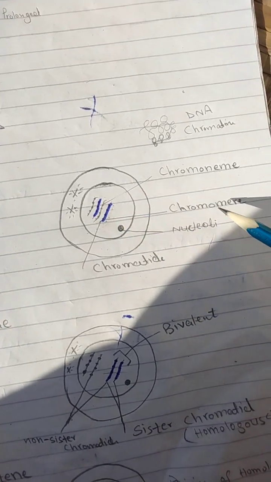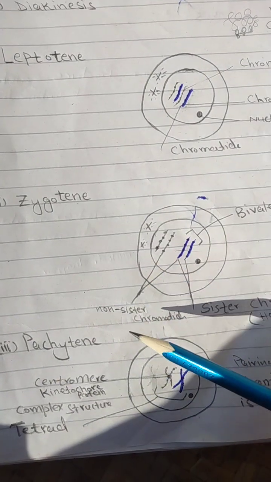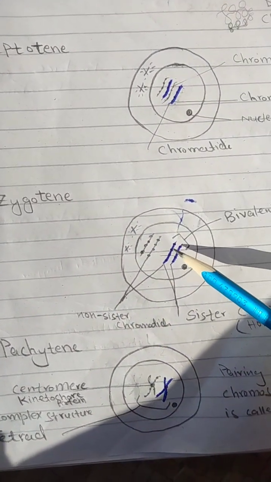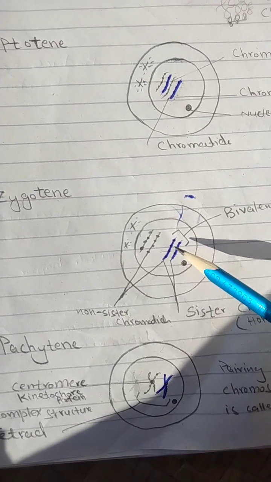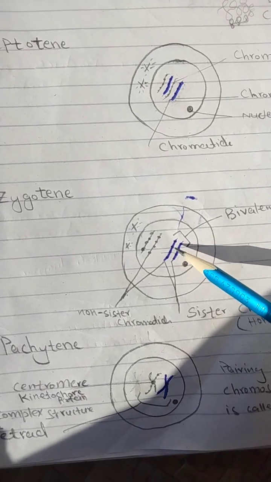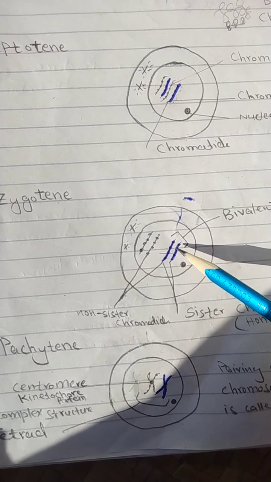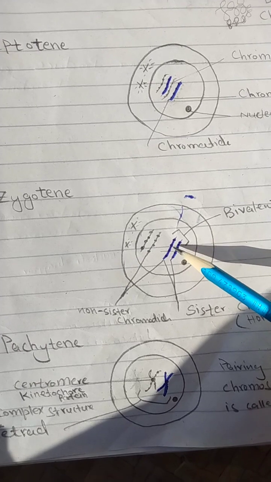We name these chromomeres. In zygotene, the chromosomes which have the same genetic material, with genes at the same location, such as the color gene, hair gene, and skin gene at the same location, come close to each other. We call this a bivalent. They form a bivalent. Where the genes for eye color, skin color, and hair color are at the same location, they come close to each other, and we name this a bivalent.